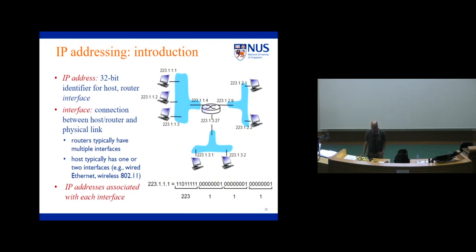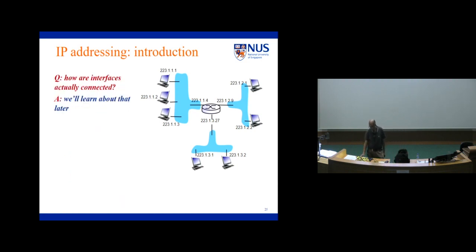And here we talked about subnets, and a subnet is formed if you detach the interfaces, and all the hosts that can talk to each other without having to go through another router form a subnet. And inside a subnet, the first so many bits of the IP address will be the same for all the hosts, and the last few bits will be used to distinguish between individual interfaces within the subnet.